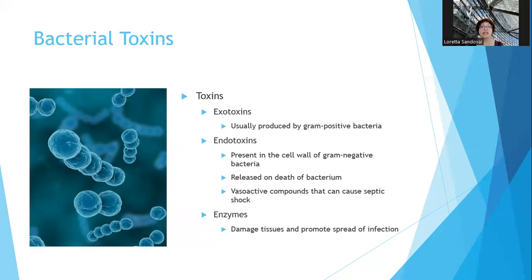And the endotoxins can be vasoactive compounds that can cause septic shock when you have an infection from these gram-negative bacteria. So that's really serious. That could kill you, actually. Bacteria also have enzymes which can damage tissues and promote the spread of infection. So when we're talking about specific infection and the physiology of infection, we'll talk about how this works.